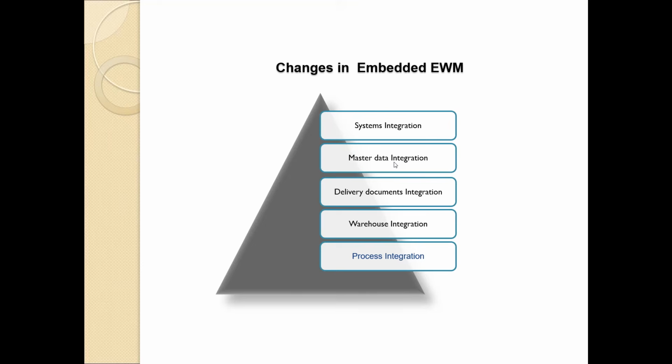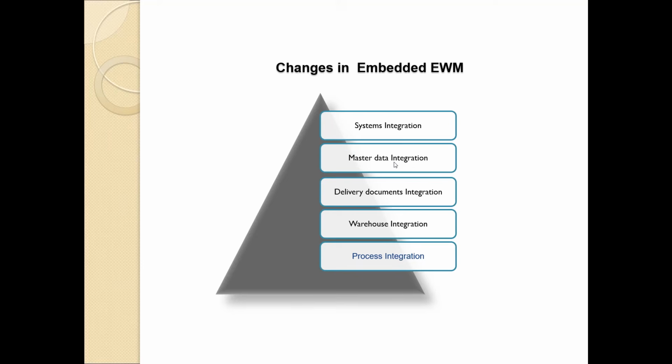The same material master needs to be transferred to the EWM system as your product master, and your customer, your vendor, and your shipping point. Whatever master data we have in the ERP needs to be replicated to the EWM system, as we need the same set of master data in EWM. So the replication of the master data was a huge challenge in the decentralized systems.